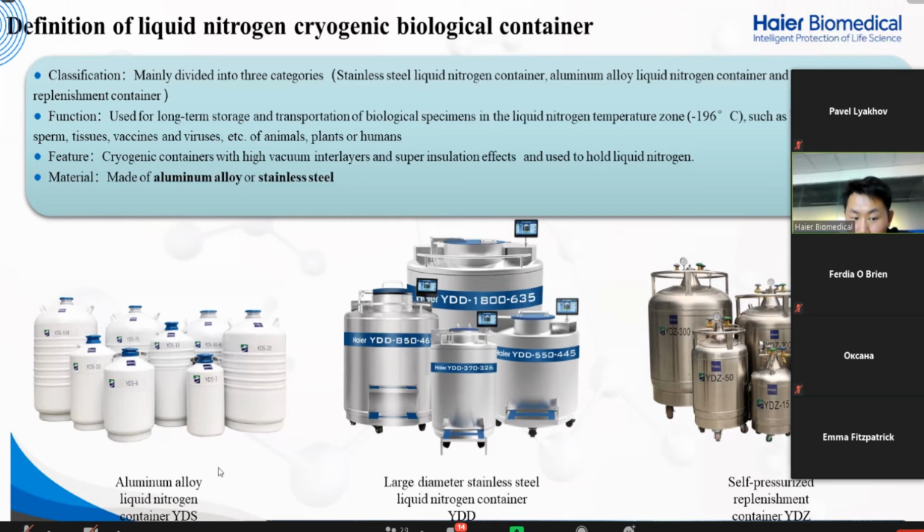The first two, the small aluminum containers and the large stainless steel ones, are for storing samples, and the self-pressured containers are for storing the liquid nitrogen.